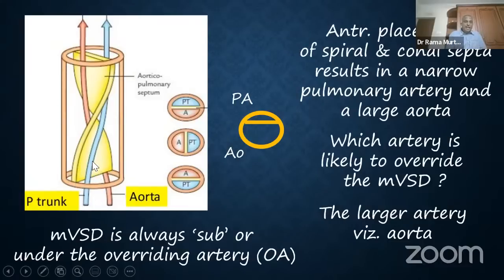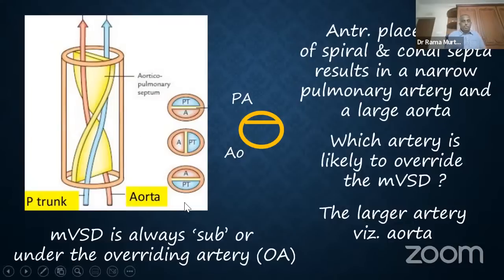So if there is an anterior displacement of the septum, naturally the pulmonary artery will be narrow, and that space will be allotted to the aorta. The aorta becomes big. So which is the artery which is likely to override the crest of the malalignment VSD? Naturally, it is the aorta.